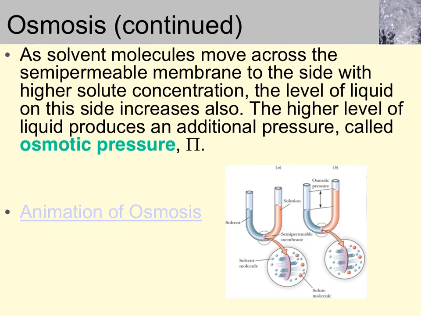So the difference in the volume of the liquid causes what's called osmotic pressure. And the symbol for that is that kind of pi symbol.